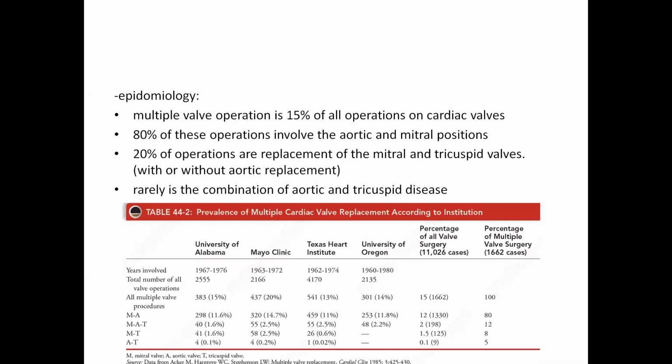There is rarely a combination of aortic and tricuspid disease. You can see in the table the prevalence of multiple valve replacement according to the institute, and the percentage of all valve surgery. Mostly, the mitral is involved in nearly all the procedures.